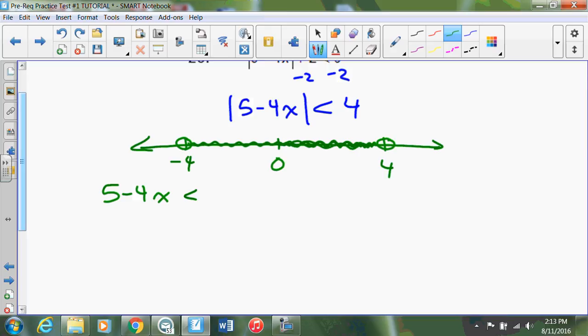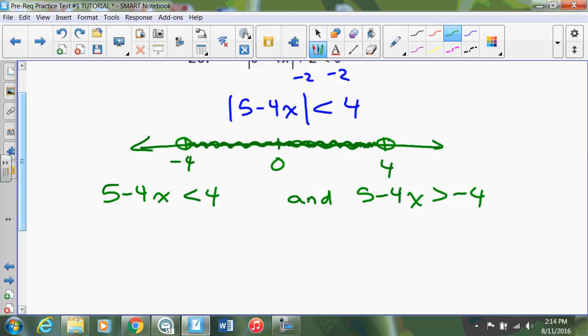And 5 minus 4x has to be greater than negative 4. It has to be both things. And there are two equations. So just like with the absolute value in an equation, we're going to have two things to solve for in an absolute value inequality. So we're going to go ahead and just solve.